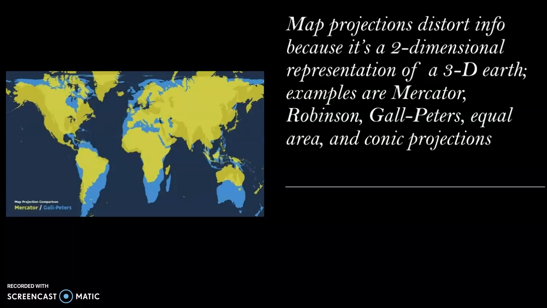So again, it's all based on what you are trying to emphasize. So if you were the United States, or if you were Asia, you might really like the Mercator maps, because it really focuses, makes your country larger, right?